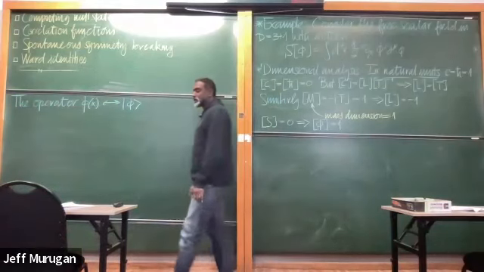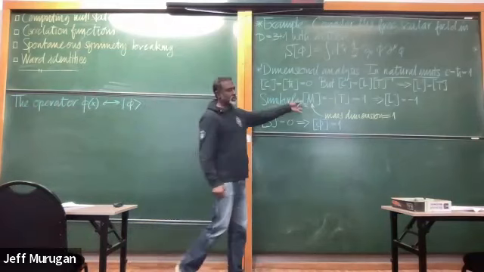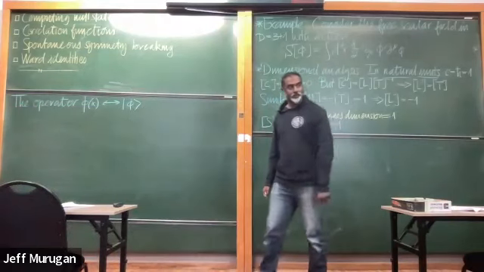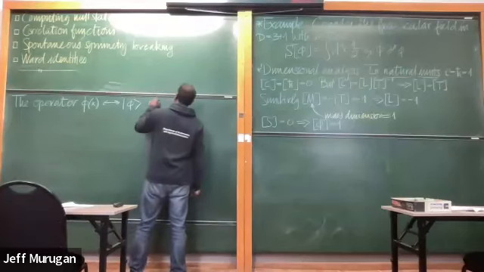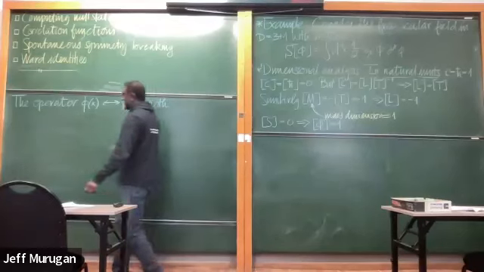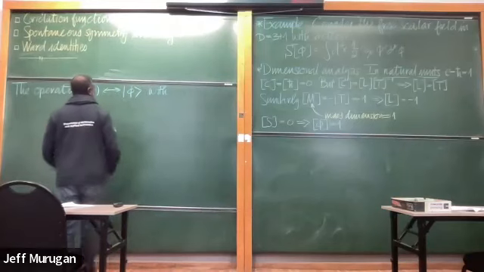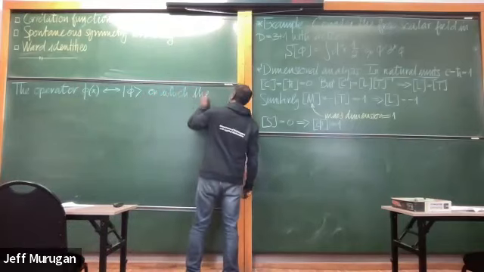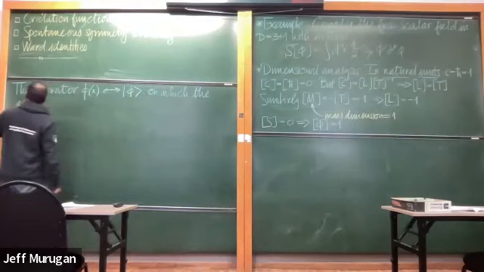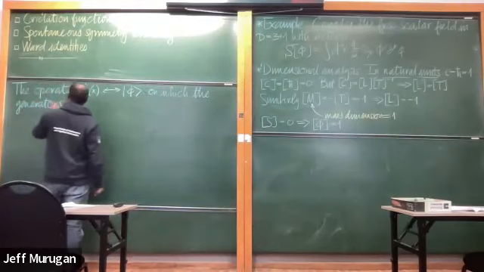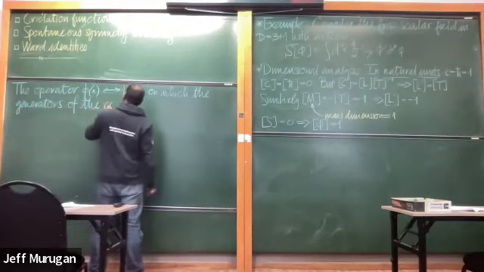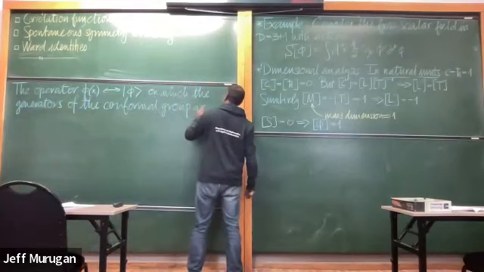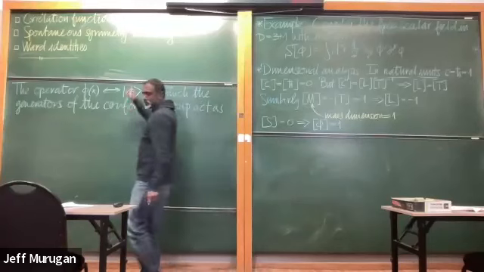And the representation of the conformal group on this Fock space is defined by the action of the generators of the conformal group on this state phi. The generators act as follows.